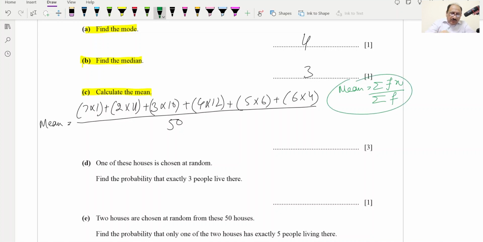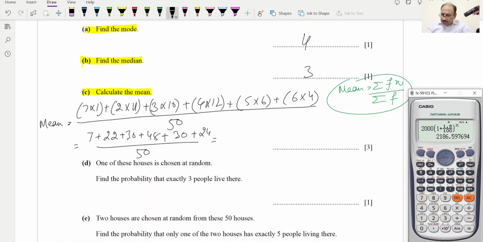So this is the formula which we have used, and this will be equal to what? This will be equal to 7 plus 22 plus 30 plus 48 plus 30 plus 24, and this whole will be divided by 50. And what will be the simplified answer?